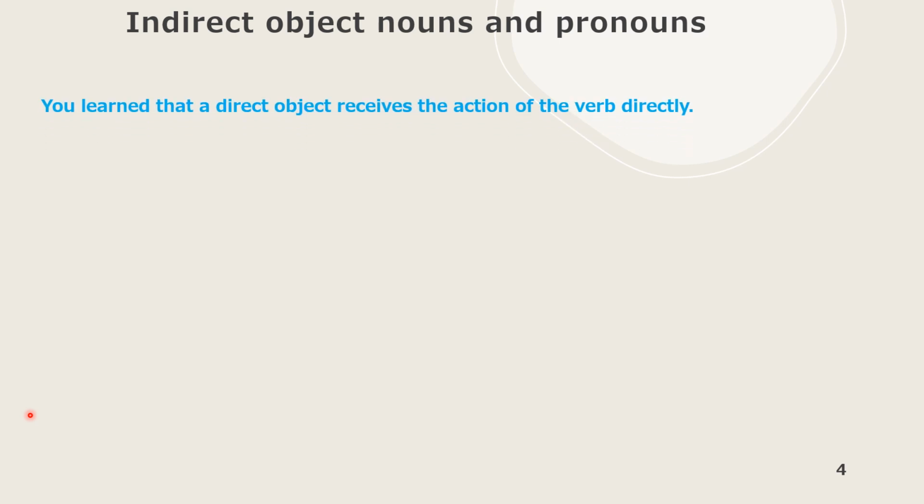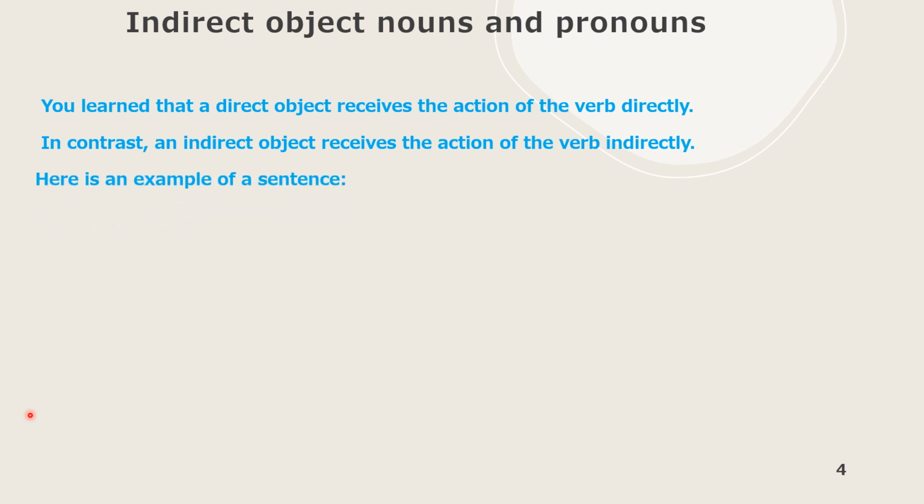So you have learned that the direct object receives the action of the verb directly. Now you're going to see the contrast, because the indirect object receives the action of the verb indirectly.